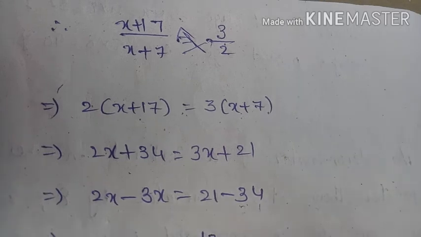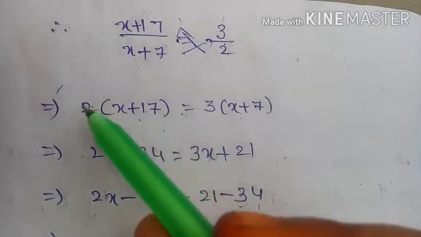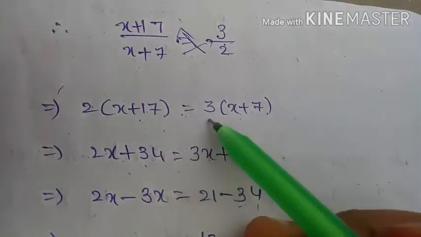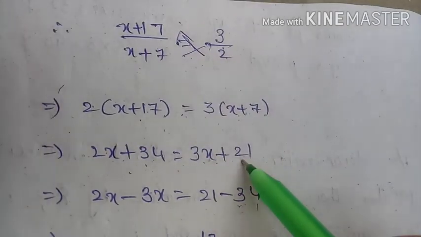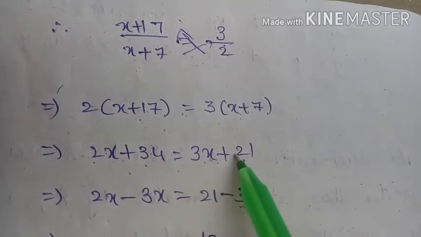So 2 into x is 2x, plus 2 times 17 is 34, is equal to 3 into x is 3x, plus 3 times 7 is 21. Next, 2x plus 34 is equal to 3x plus 21.